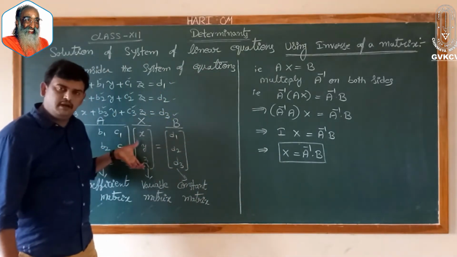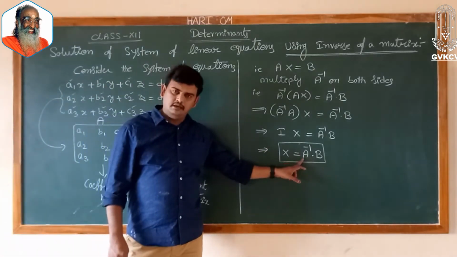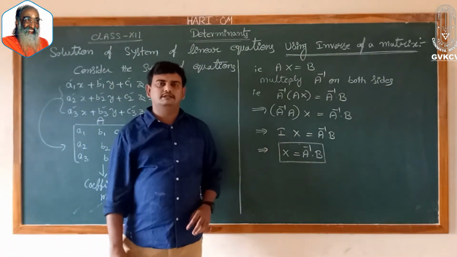How will you get the variable matrix? By multiplying A inverse and B matrix.